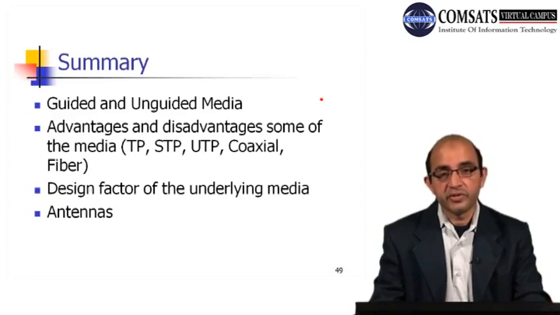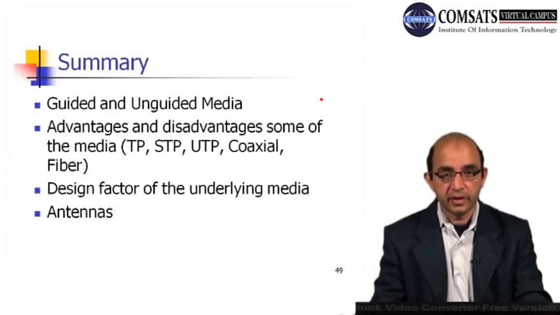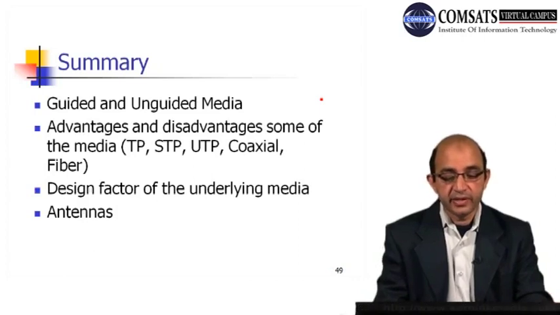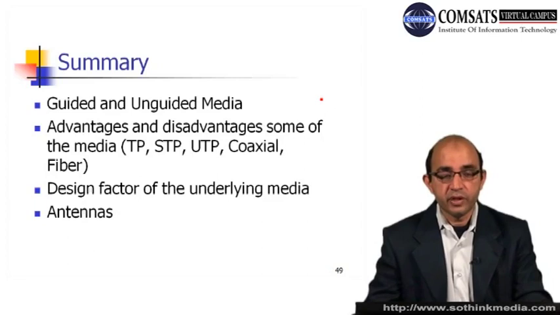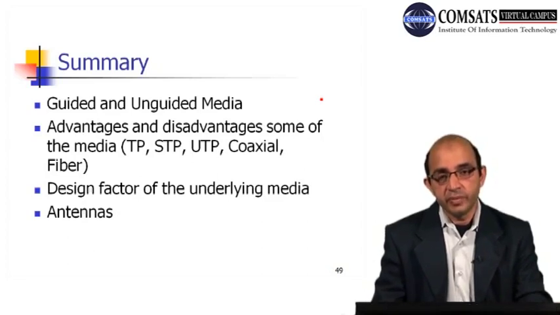We have also mentioned different categories of UTP, and then we talked about coaxial cable, and the advantages and disadvantages coaxial cable has over twisted pair, and finally we talked about optical fiber. And then of course there are different design factors involved when we talk about the media. We discussed those design factors, the different parameters associated with choosing the media, and we have to correlate the media with the transmission and the reception.